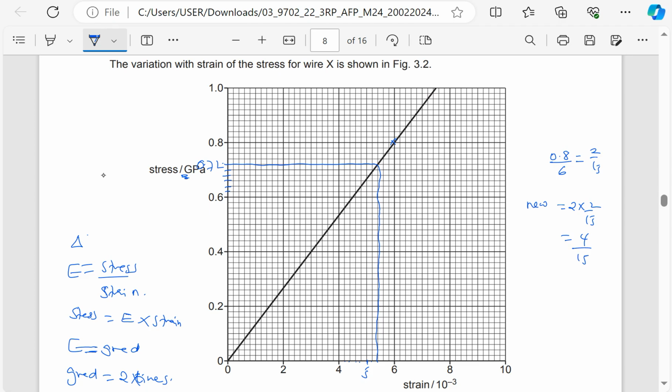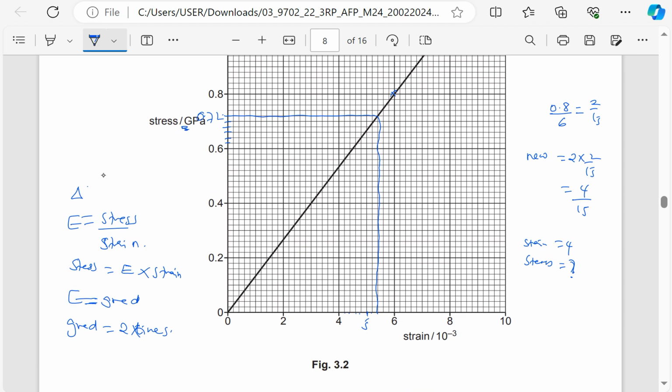So I'm going to choose a simpler point to find. Let's say the strain is 4. If the strain equals 4, what will be the stress? The stress is not known, but the gradient should be 4 over 15.